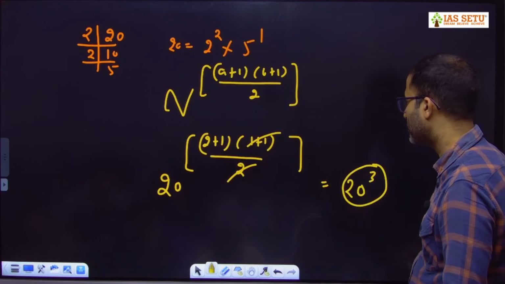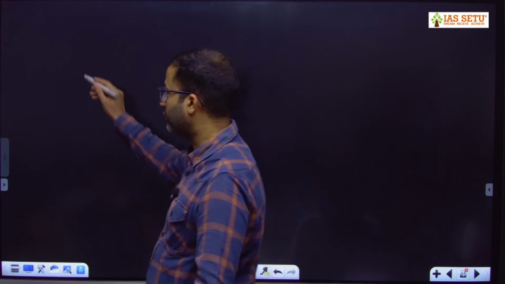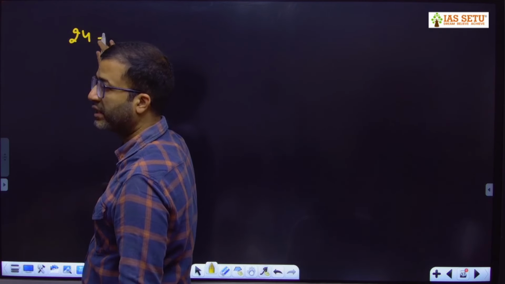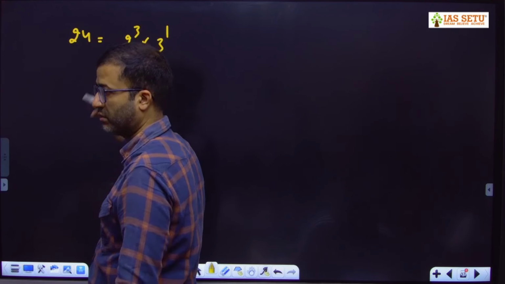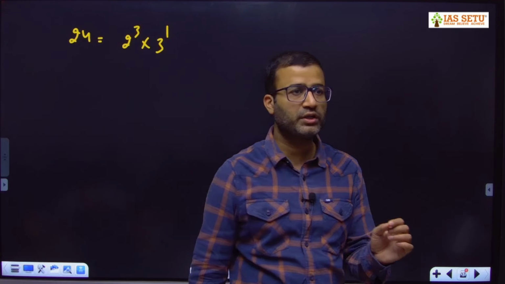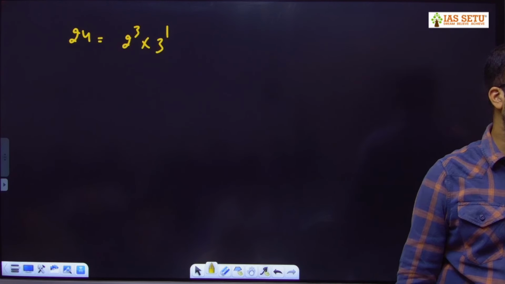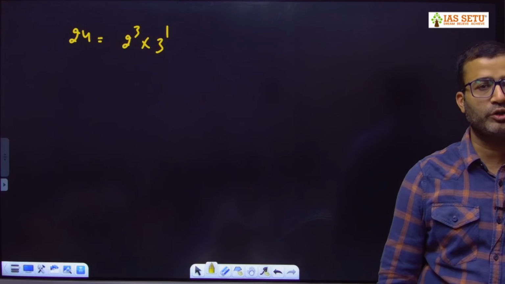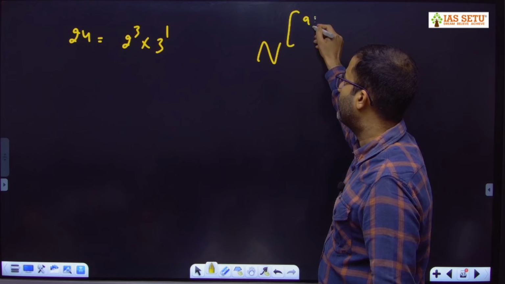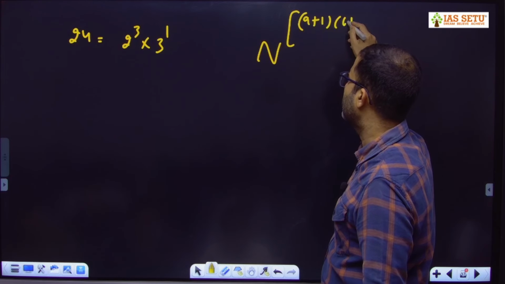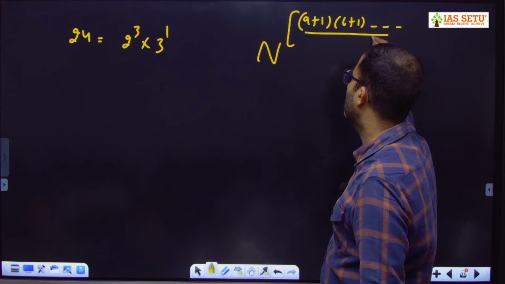Or if you have not understood, wait, 24. I directly write the prime form. It is 8 into 3, 2 cube into 3 to the power 1. We have used this n number of times. What is the prime form of 24? 2 into 2 into 2 into 3, 2 cube into 3 to the power 1. So number to the power (A plus 1) into (B plus 1) and so on, divided by 2.